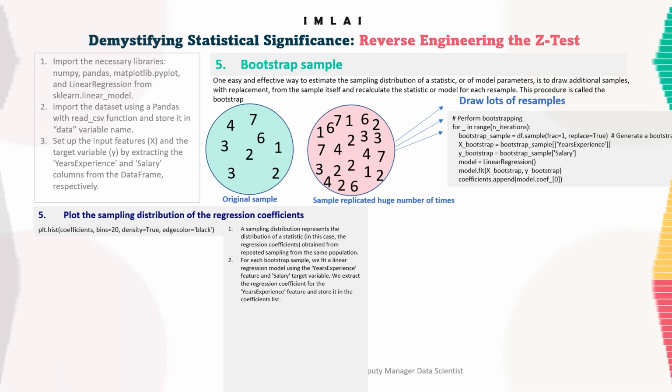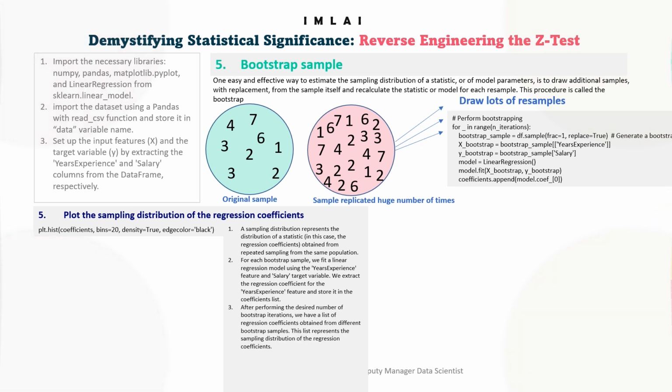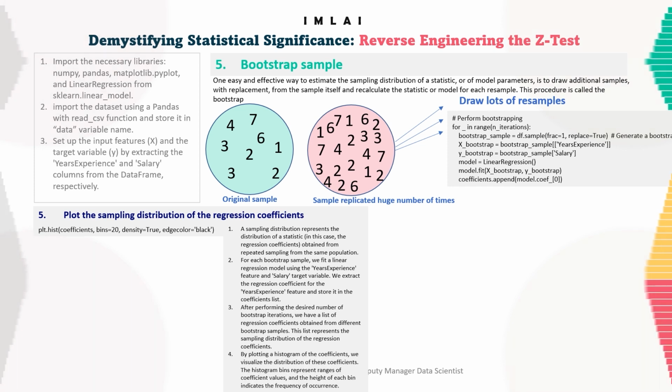After performing the desired number of bootstrap iterations, we have a list of regression coefficients obtained from different bootstrap samples. This list represents the sampling distribution of the regression coefficients. By plotting the histogram of the coefficients, we visualize the distribution of these coefficients.